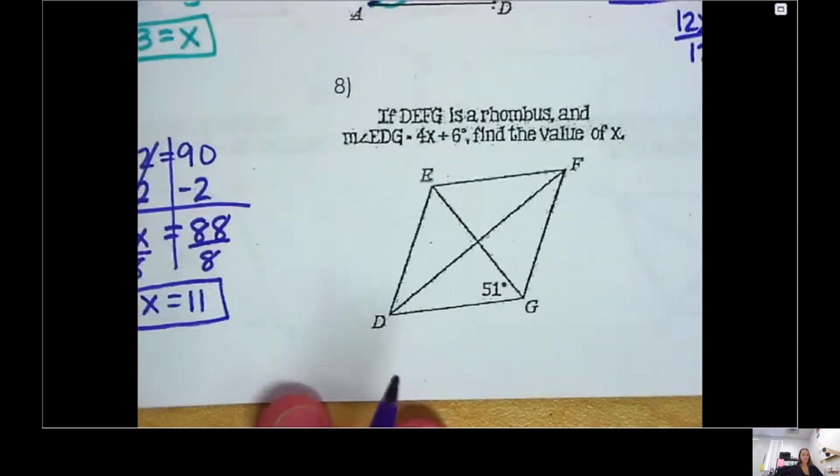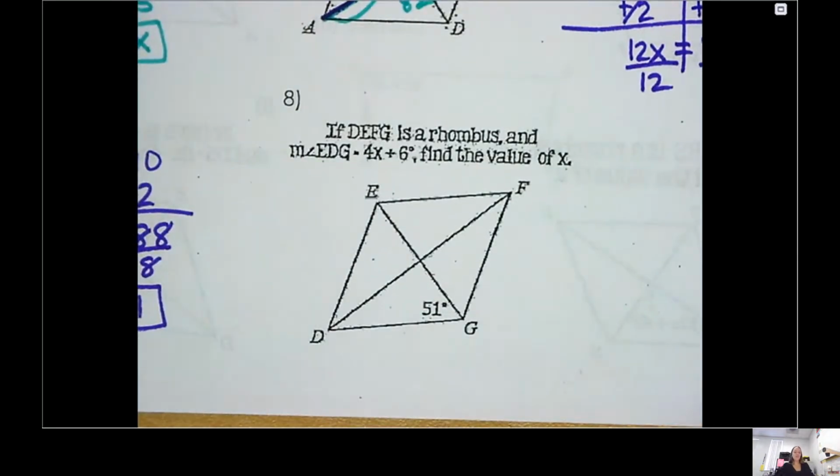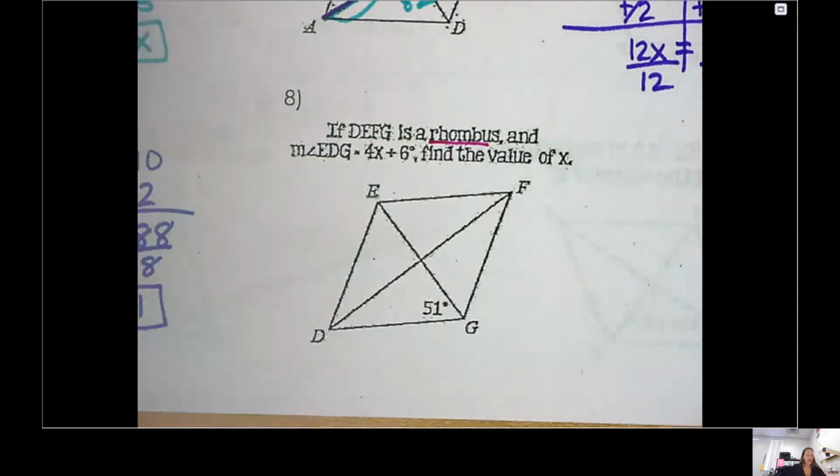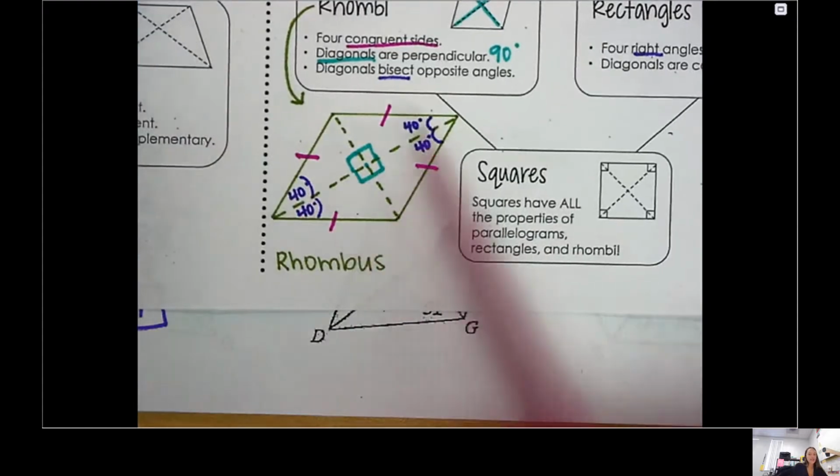Last problem. If DEFG is a rhombus and the measure of angle EDG is 4x plus 6, find the value of x. I'm going to mark up the picture with what I know. I know in a rhombus that the angles are bisected.